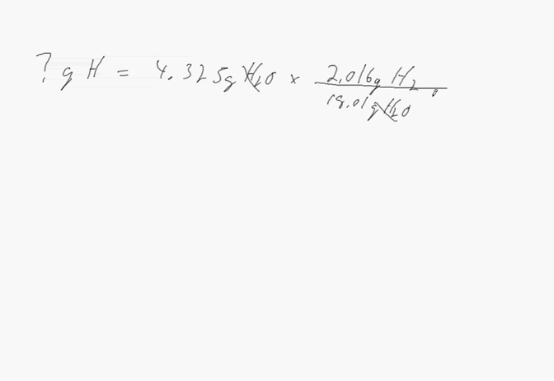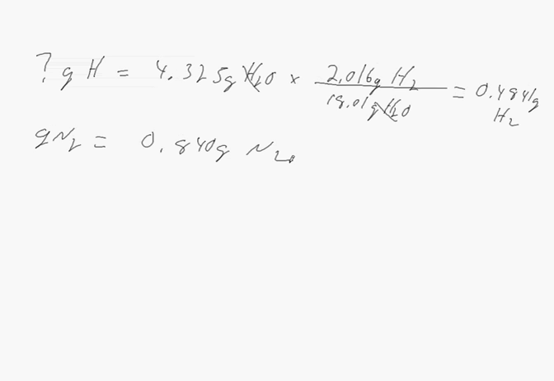Grams of H2O cancel out, and this would give us a total of 0.4841 grams of hydrogen. And we already know the grams of nitrogen is going to be 0.840 grams of nitrogen, because that's what we were told already.